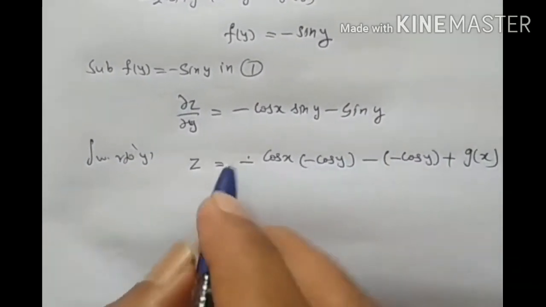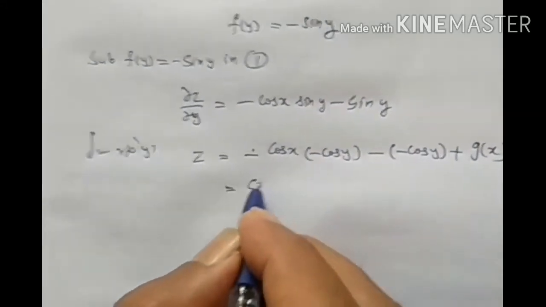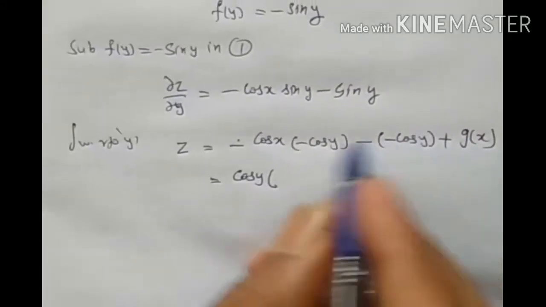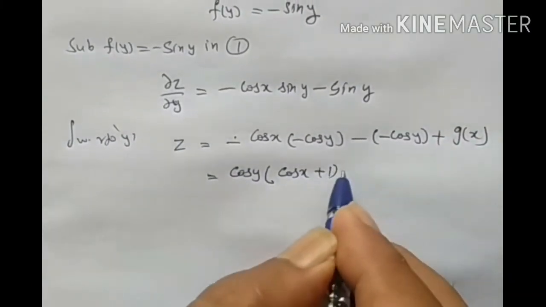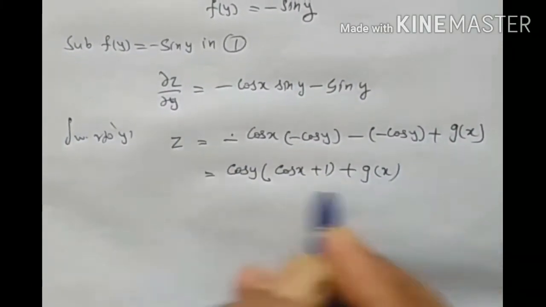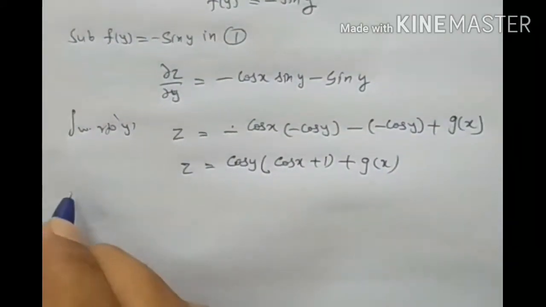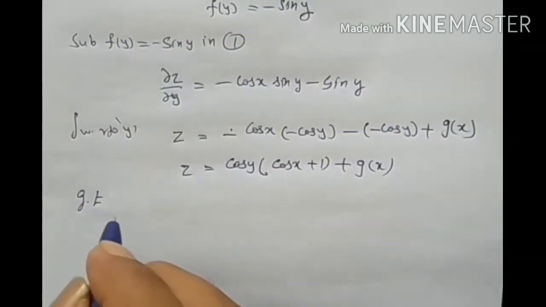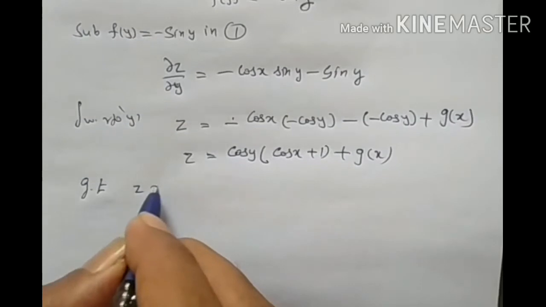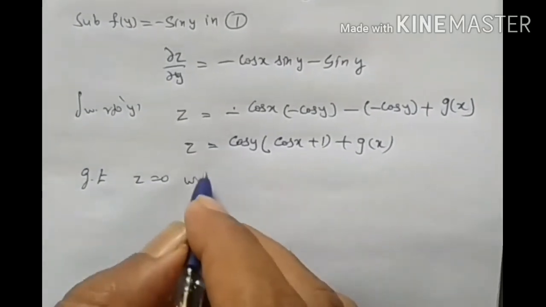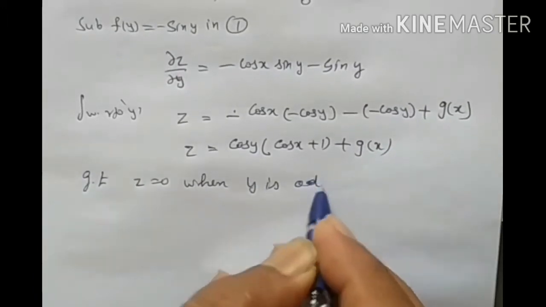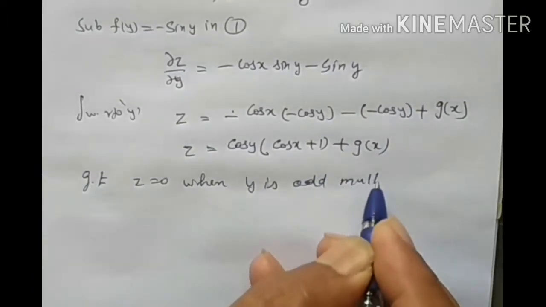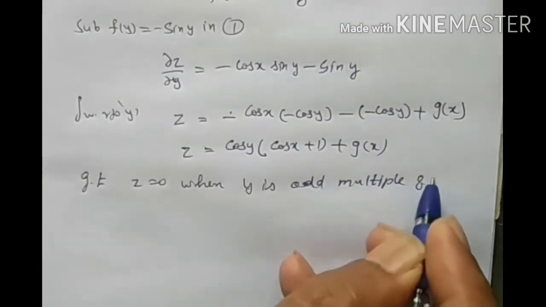Now we write this as cos y common. Here we get cos y into cos x plus 1, plus g of x. Here it is given that z is 0 when y is an odd multiple of pi by 2.